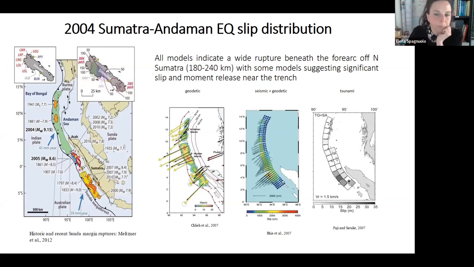This is the slip distribution. Again, the models suggest that there was a significant slip and moment release near the trench. It is a region which historically hosted quite a lot of very large events in the past.